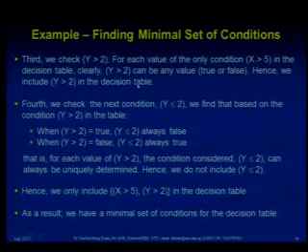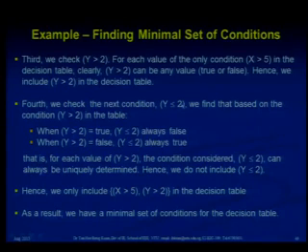After the third one, we proceed to check the last one, y less than or equal to 2. Now y greater than 2 is already in the decision table, and for every value of y greater than 2, we can determine a unique value for y less than or equal to 2.